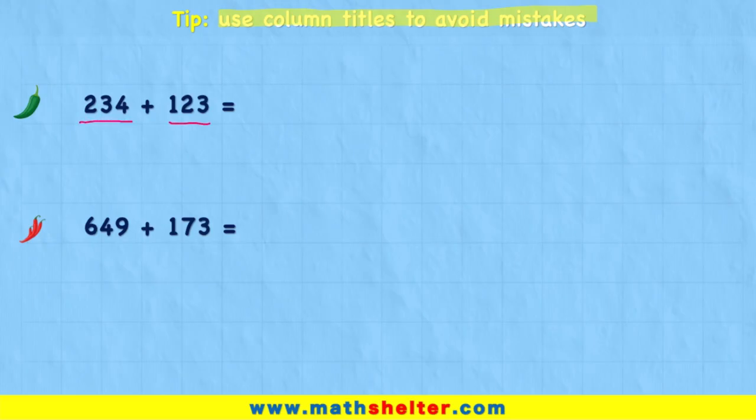Now the first stage of addition is we might partition these numbers, which means we have 234 added to 123, and partitioning looks like this. We would break the 234 into a 200, a 30 and a 4, and then I could break the 123 into a 100, a 20 and a 3.